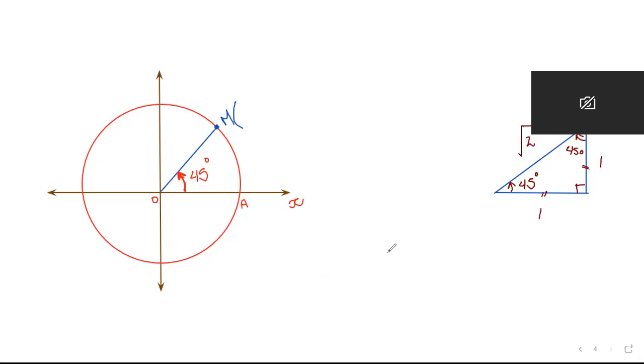Now, for the 45 degrees, what do we say? We say that the cosine of 45 degrees is what? It is adjacent with respect to the hypotenuse, which is 1 over the square root of 2. And as we talked about, we said that the umbrella, which is the square root of 2, is just on the ground. We have to take it up.